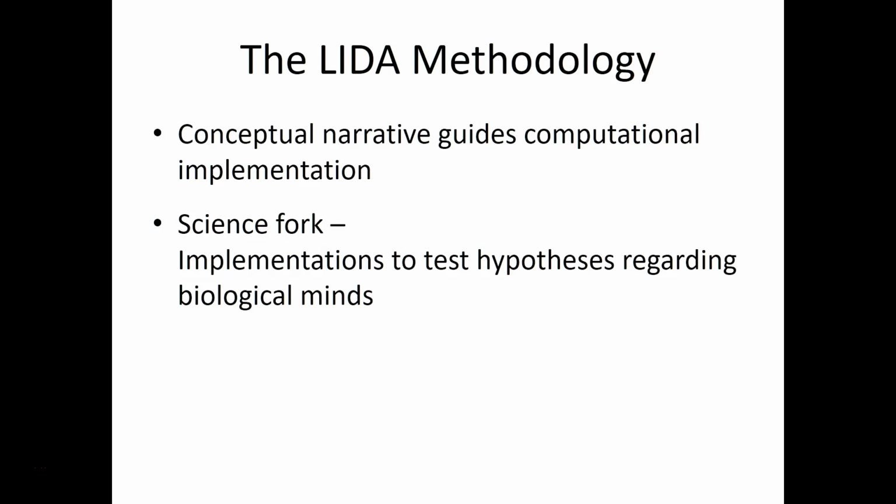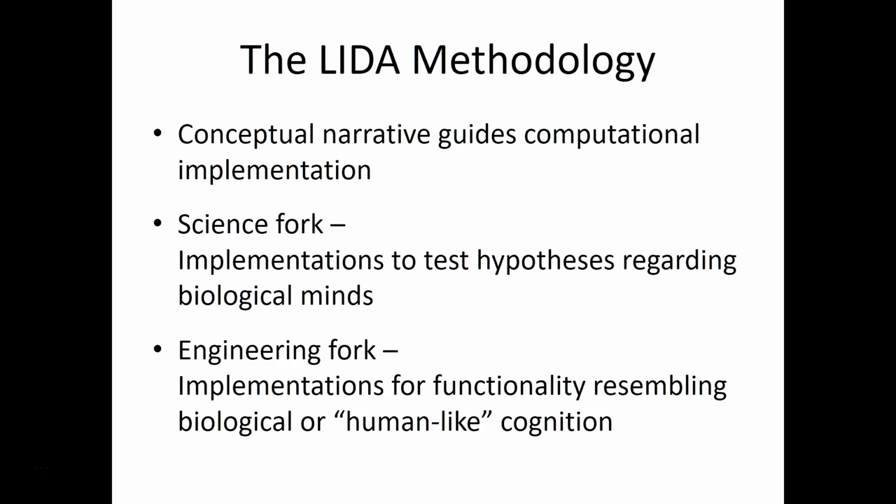In the case of an artificial agent, the purpose of the software will be to replicate or adapt biological or human-like mental strategies for a technological purpose. We call these two complementary approaches the science fork and the engineering fork, respectively.